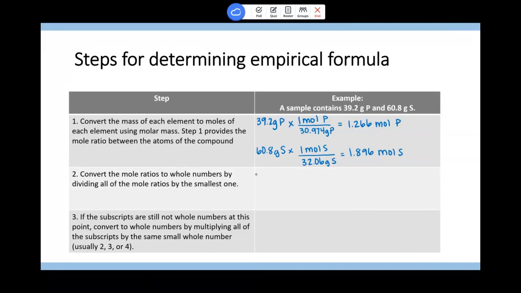So if we write this formula as phosphorus 1.266, sulfur 1.896, we then divide the subscripts by the lower number. And then doing this division, we get P1 sulfur 1.5.